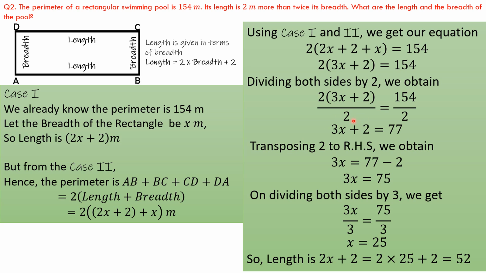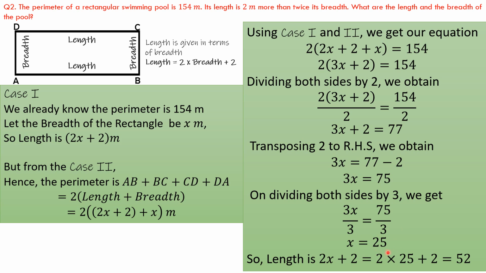Here 2x plus x becomes 3x and dividing both sides by 2 we obtain 3x plus 2 equals 77. On transposing 2 to right hand side we obtain 3x equals 77 minus 2. Here 77 minus 2 becomes 75. On dividing both sides by 3, we get 3x by 3 equals 75 by 3.